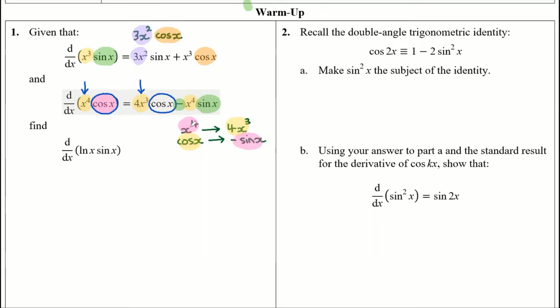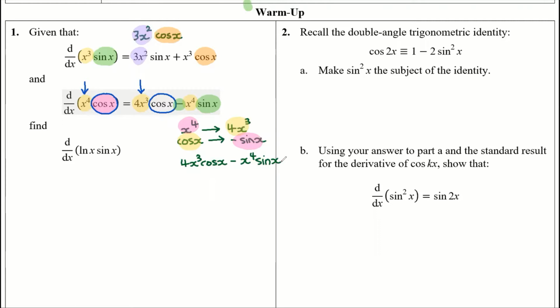So it's a case of swapping and adding, isn't it? And if I put all that together, I'm going to get 4x cubed cos x. And then if I add the x to the power 4 multiplied by the negative sine x, I seem to get that, which is exactly what we can see. So this is what I think is going on in this product rule.